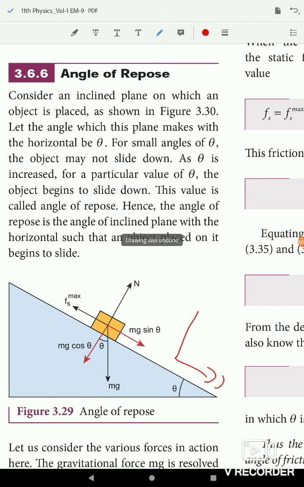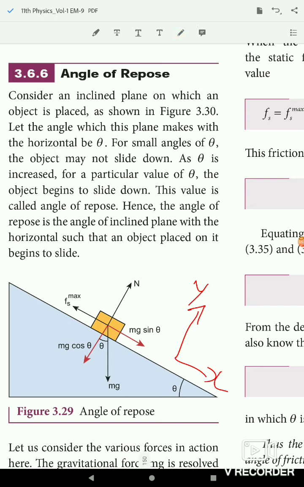The normal force acts in the plus y direction, and one component of gravity, mg cos theta, acts opposed to the normal direction, that is the negative y direction.